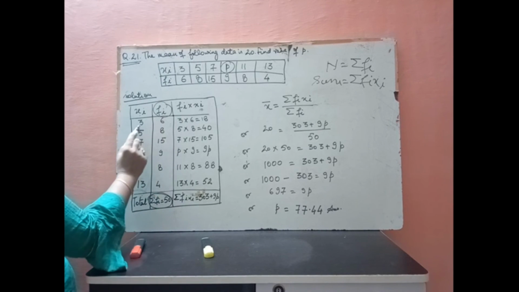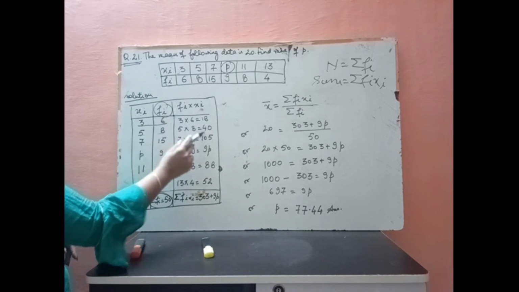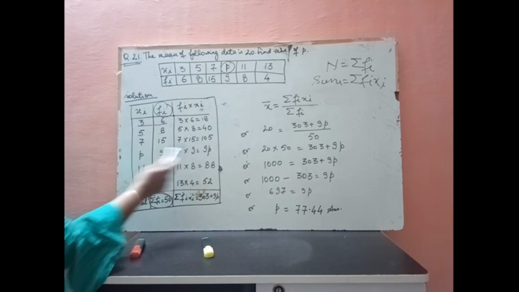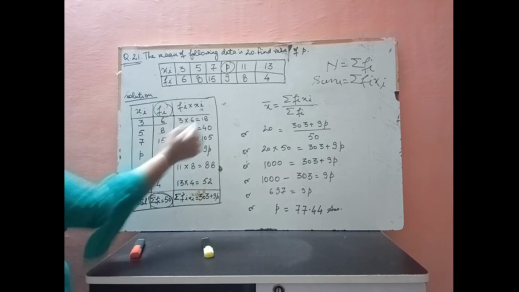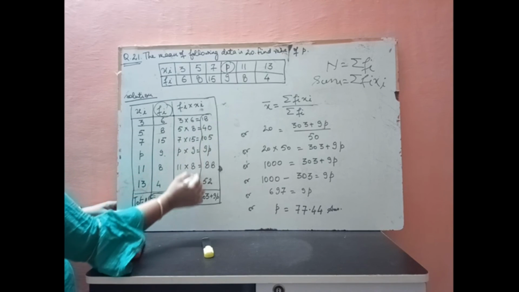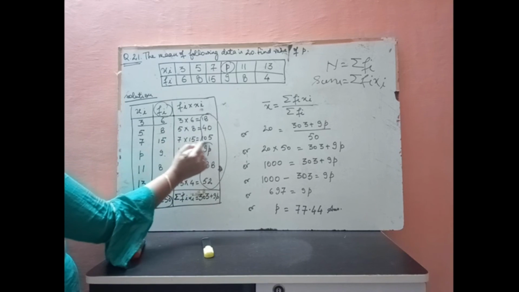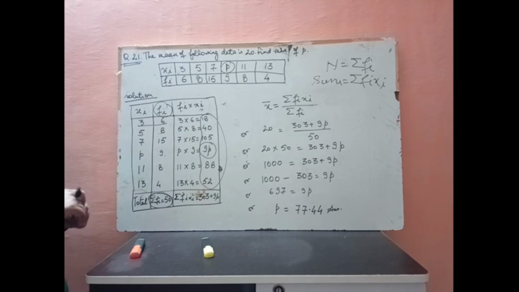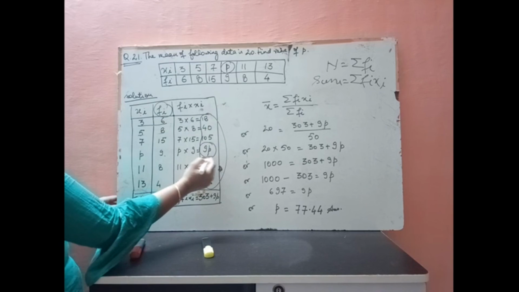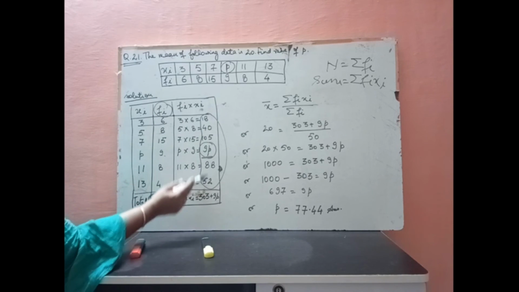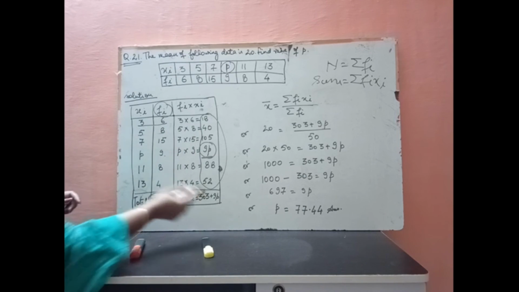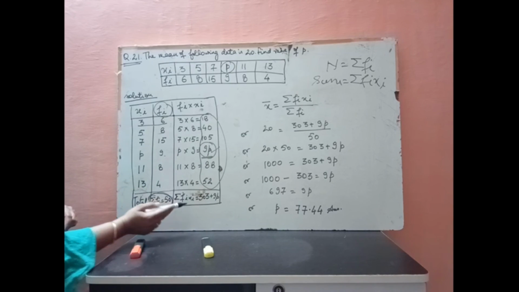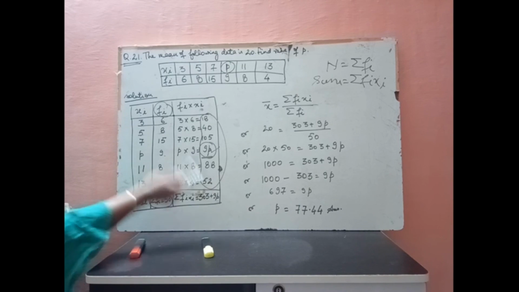Fi xi: 6 3s are 18, 5 8s are 40, 105, 9 multiply P, 9P, 88 and 52. When we add all these values, we will get 303. The 9P will not be added with these because it is with the variable. So 303 plus 9P. So the sum of observations sigma Fi xi is equal to 303 plus 9P.